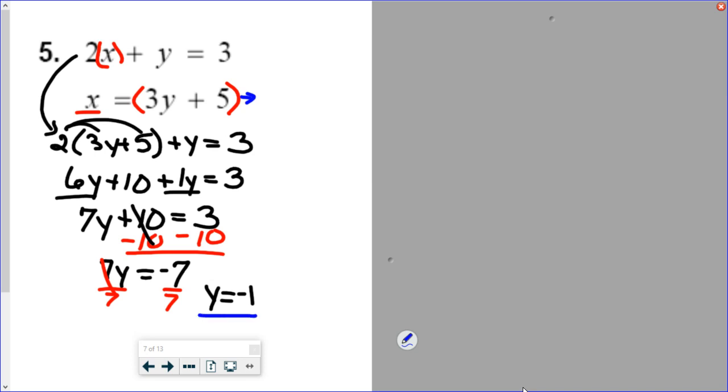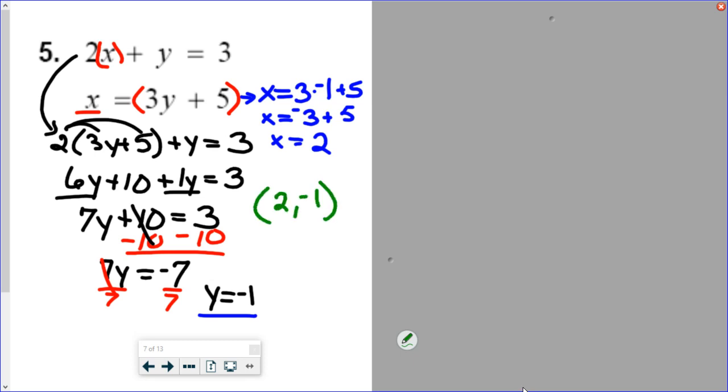And I put a negative 1 in where I see y. So the x is still there, the 3 is still there, but now it's not a y, it's a negative 1 plus 5. So x equals negative 3 plus 5. So x equals 2, which means my final answer is the ordered pair x, comma, y.